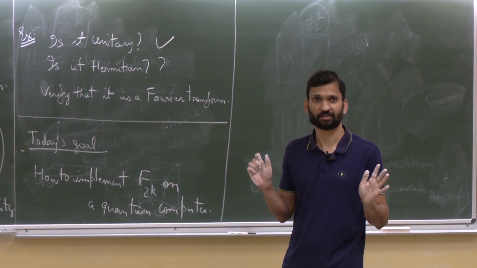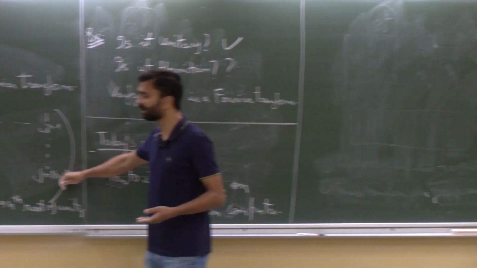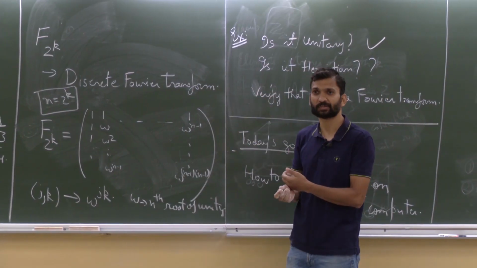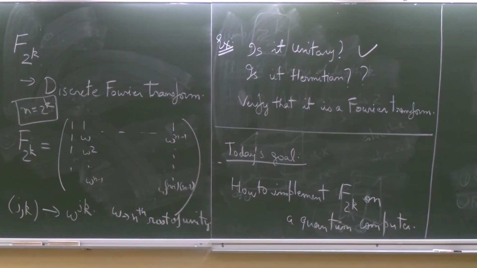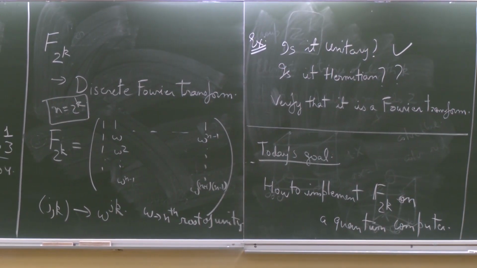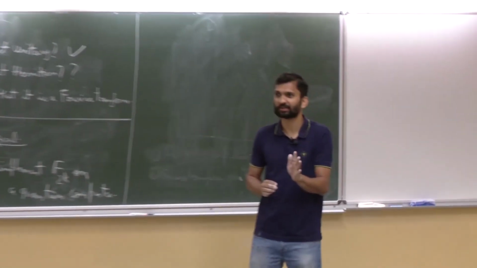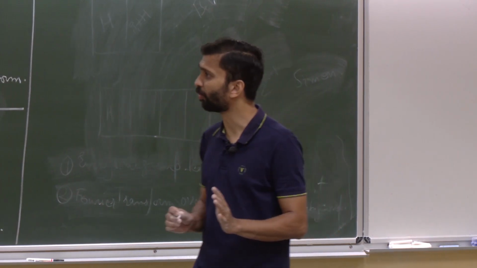All those are there. Using those, we want to execute this on a k qubit system. Questions about what we want to achieve? This doesn't seem like a straightforward task, right? Okay, but that's what we want to do.